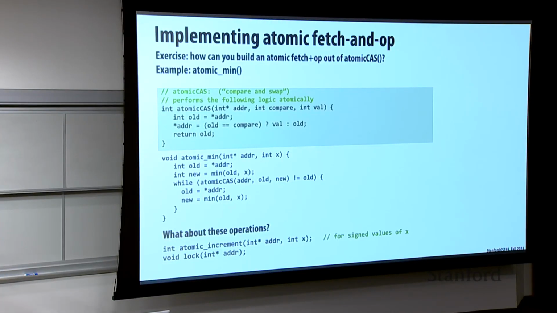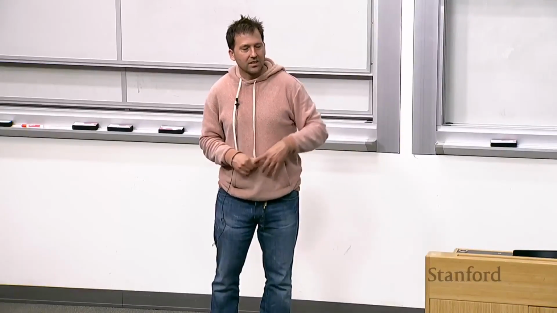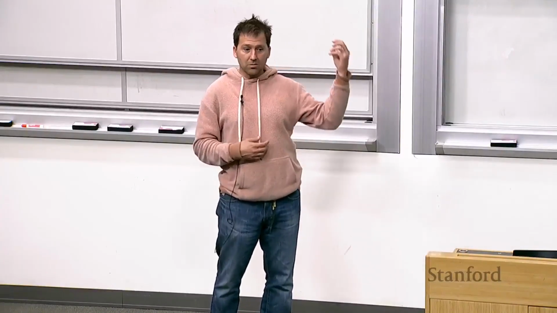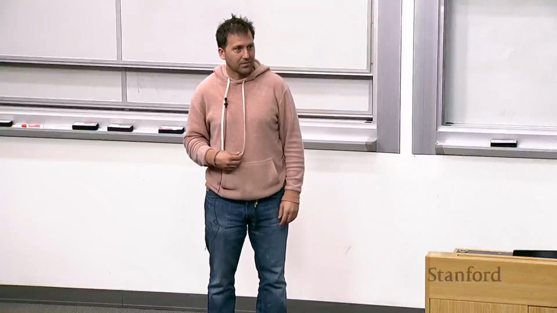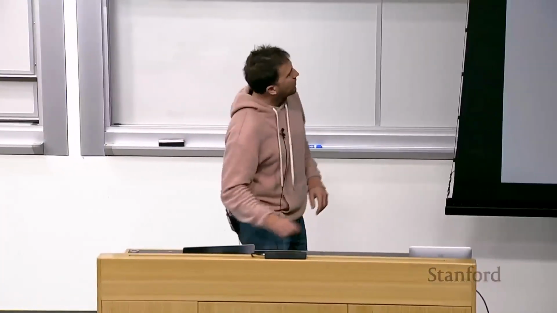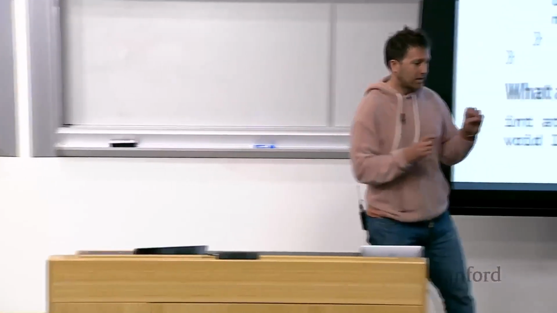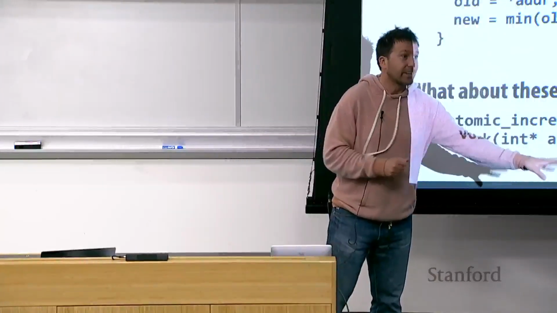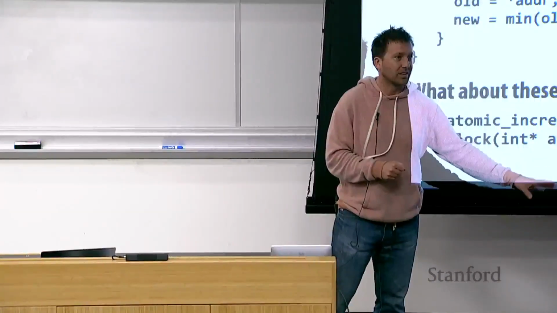Let's say I read 100 from memory, and I'm going, oh, 90 is less than 100, I should probably write 90. Before I get around to writing 90, you come in. You say 80 is less than 100, and you beat me to it. You write 80. Now imagine that I go ahead and write my 90. We're incorrect. The code is broken now.